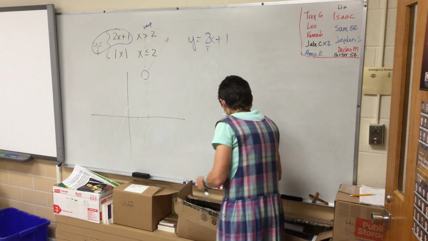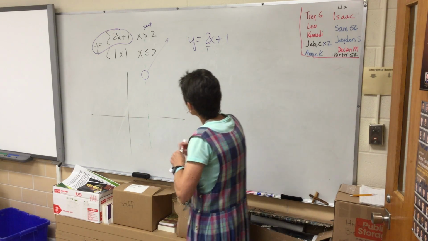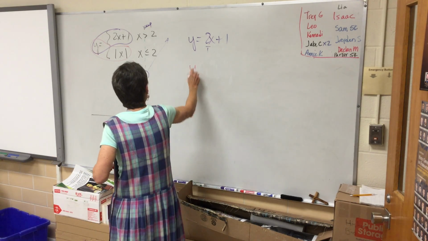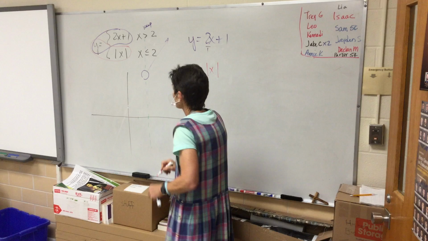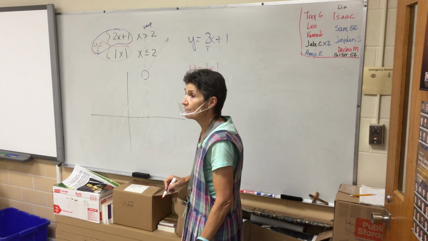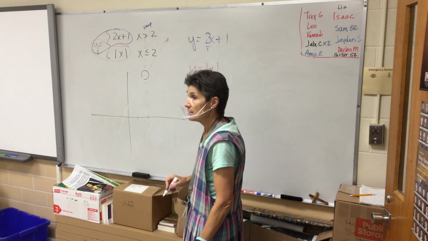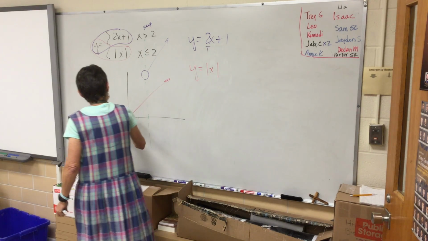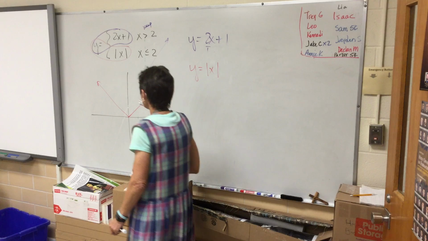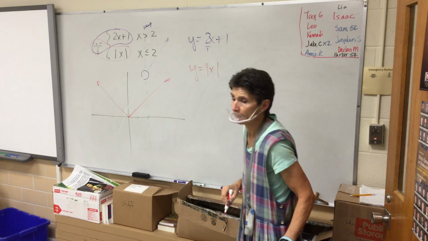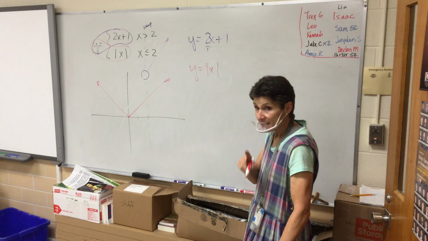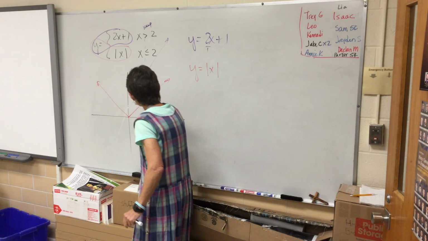All right, what's this shape now? I'm ready to do the second shape. What's that one? Absolute value. Absolute value. Value V, right? That's just going to be a V. There it is. It crosses right here, right?